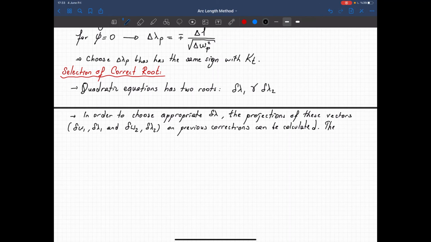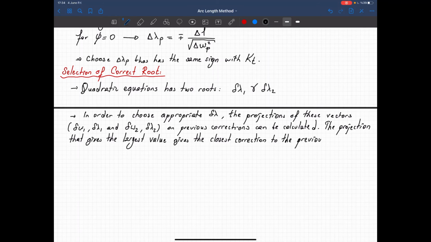So the projection that gives the largest value gives the closest correction to the previous one.